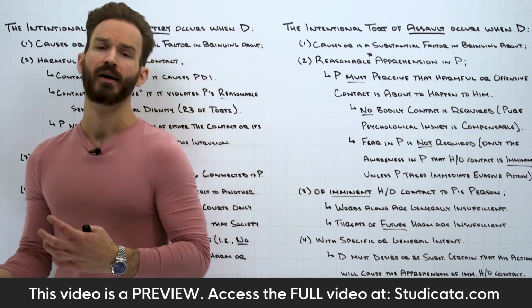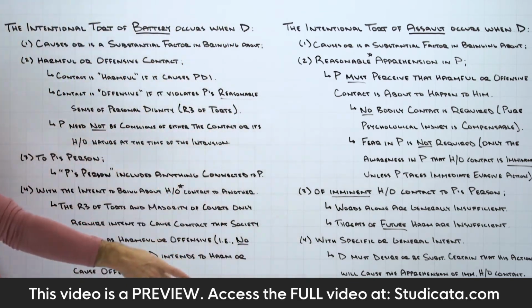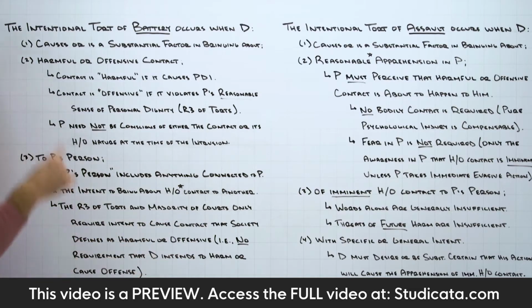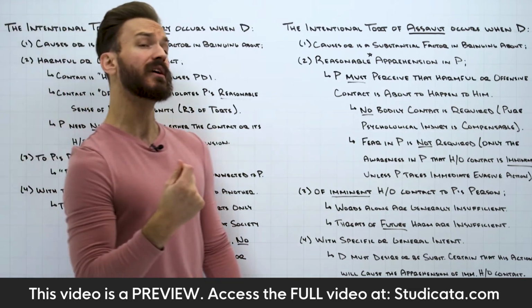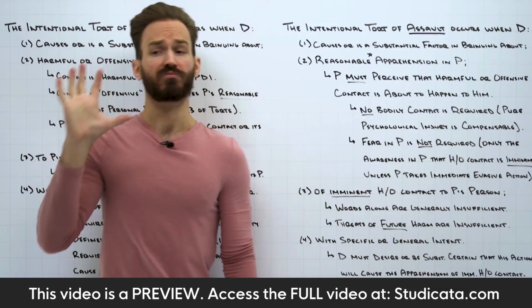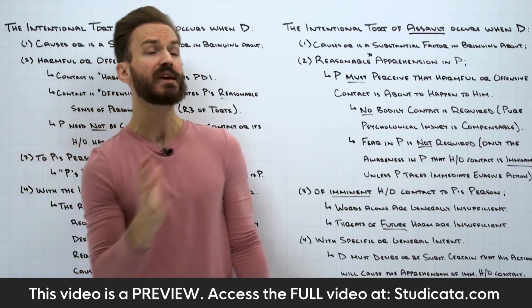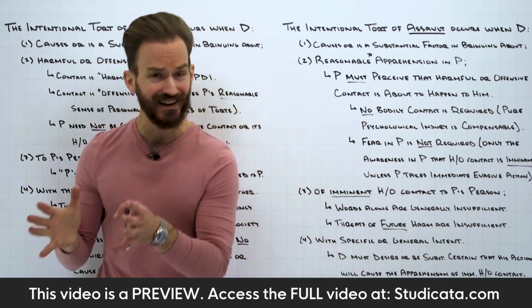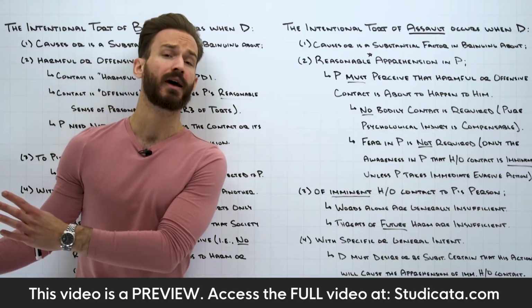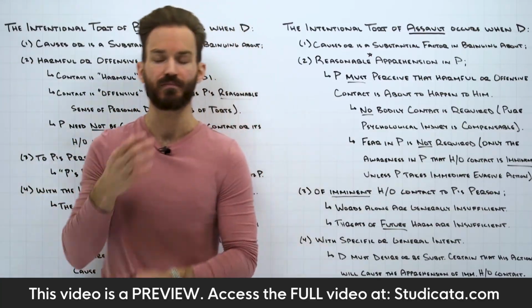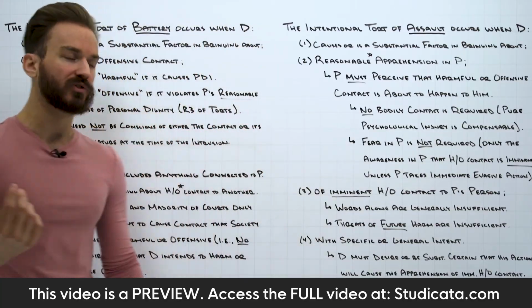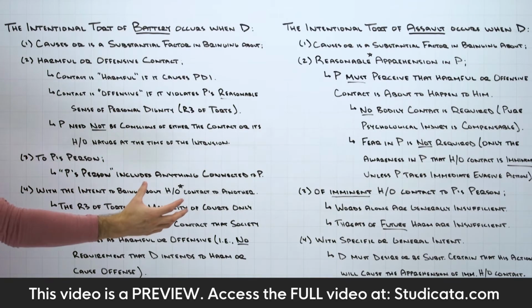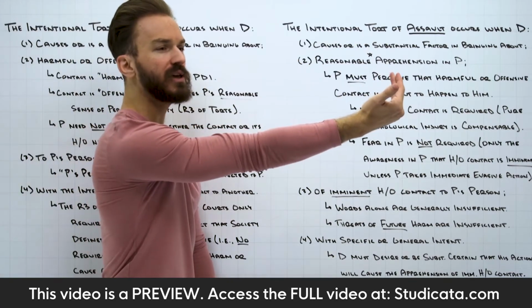We can't have that. But if the test was purely subjective and that parent honestly did believe in their head that they weren't causing harm, they didn't mean to cause harm, then they could escape liability. So courts have said, the third restatement and the majority of courts don't want that result either.